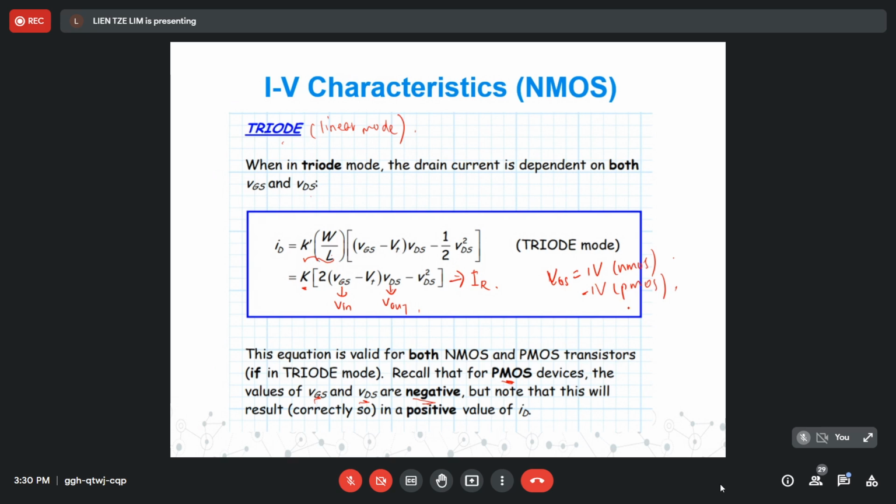And if we substitute these values into the formula here, we will get a positive current value.